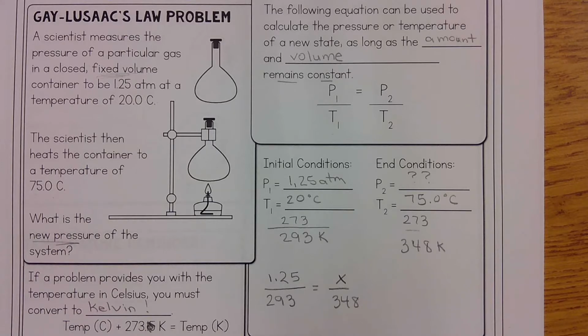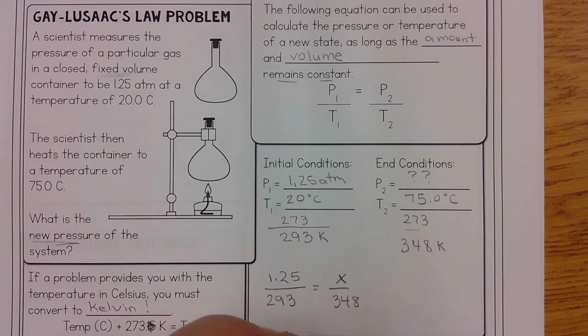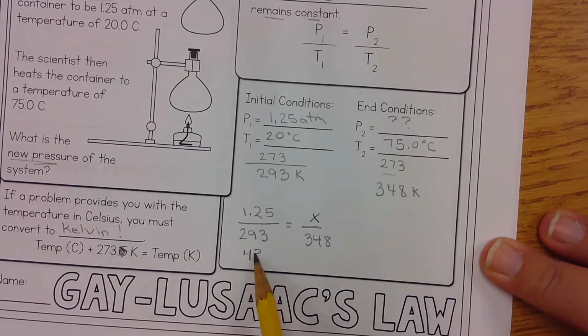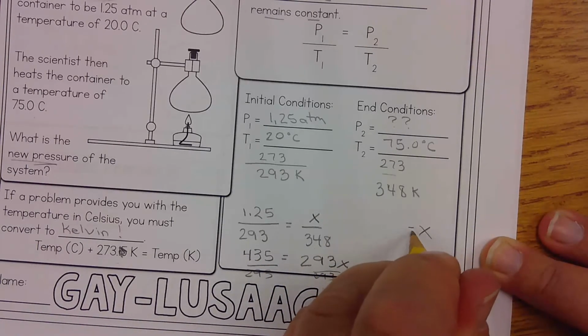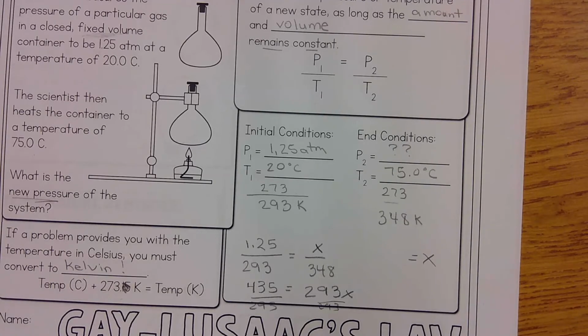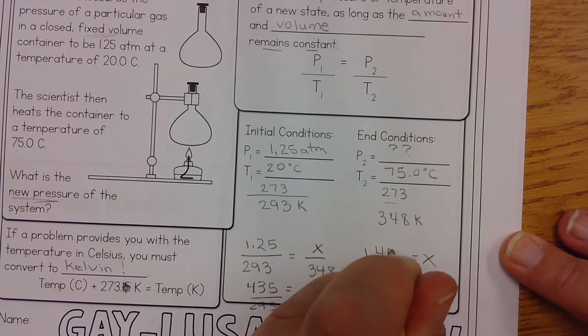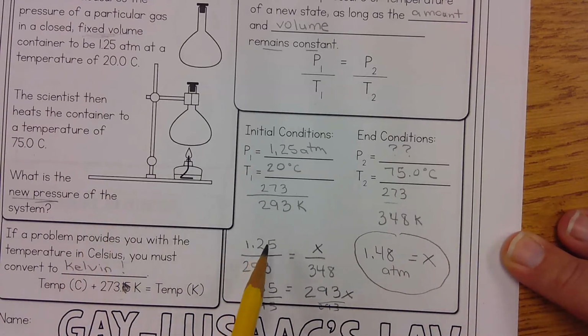We get 1.25 times 348 is 435. 435 equals 293x. Divide by 293, divide by 293, and x equals 1.48 atmospheres.